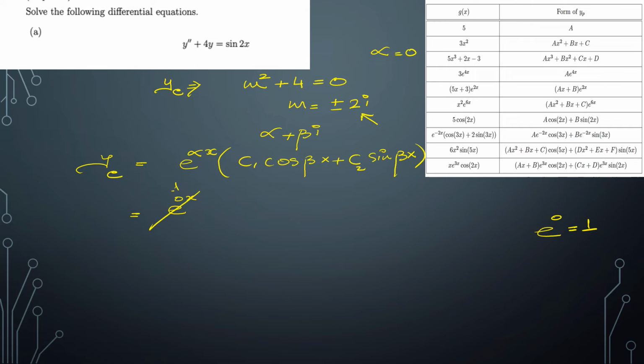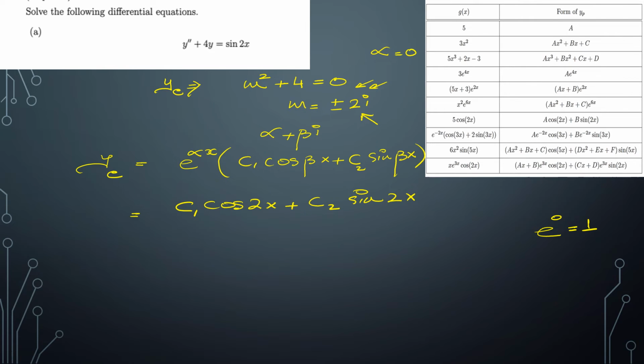So this is already 1. We won't write it. We will directly write here C1 cosine of beta. Beta is this imaginary number, that is 2x, plus c2 sine of 2x. So this is my complementary solution.